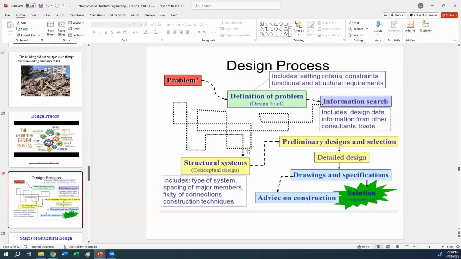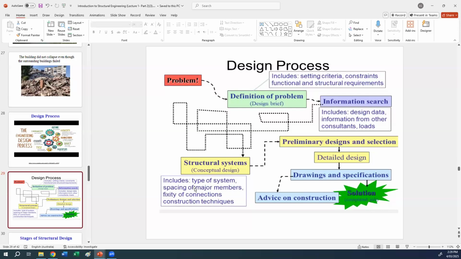Then after you have a long trip of thinking and investigation, you can propose the structure system, which is the conceptual design. The structure system means the type of system you are using. For example, it is like rafters with columns and purlins bracing, or it is a reinforced concrete structure.